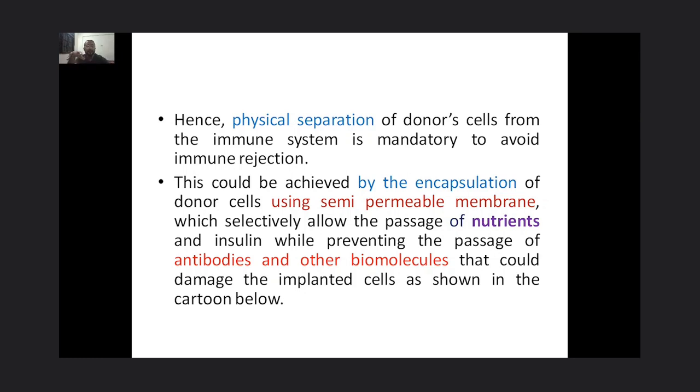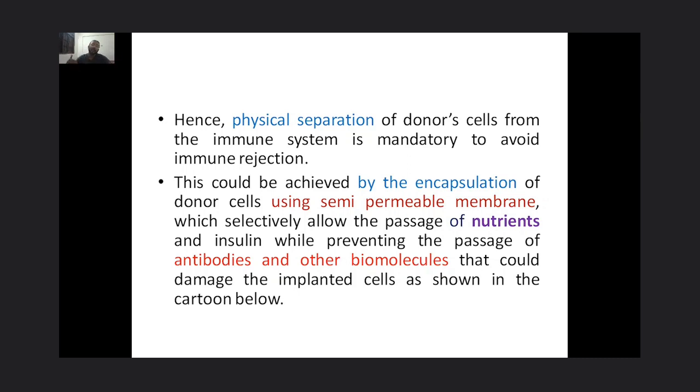This could be achieved by encapsulation of the donor cells using semi-permeable membranes. Why semi-permeable? Because to synthesize insulin we need particular nutrients to pass through the membrane. It selectively allows the passage of nutrients and insulin, while preventing the passage of antibodies and other biomolecules.